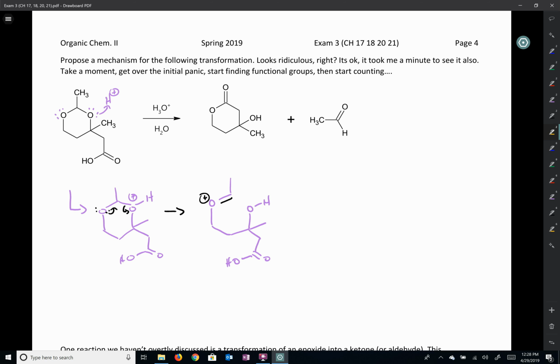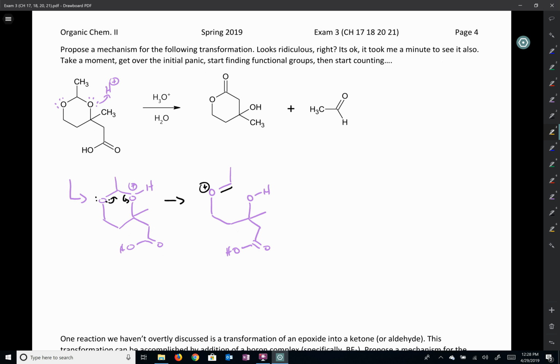Let's just follow a different path here. So to go along with the theme of what we've been seeing, this is basically a carbonyl group there.